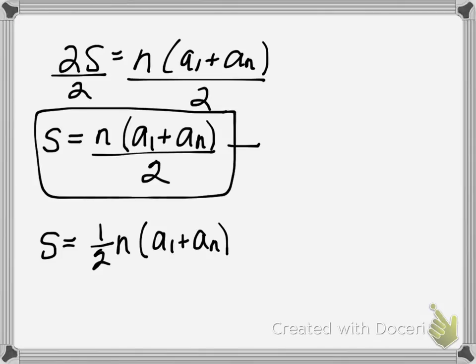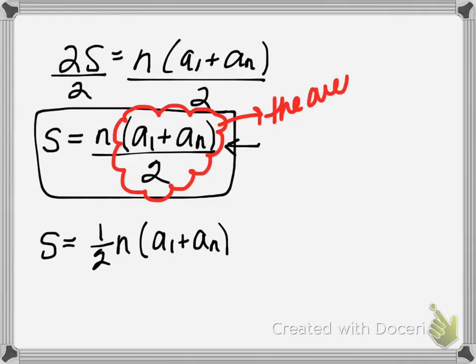The reason why I do like this form here is because a useful way of thinking about this formula is noticing that a sub 1 plus a sub n divided by 2 is actually the average of the first and last terms. And sometimes that's a useful memory trick to help you remember the formula.